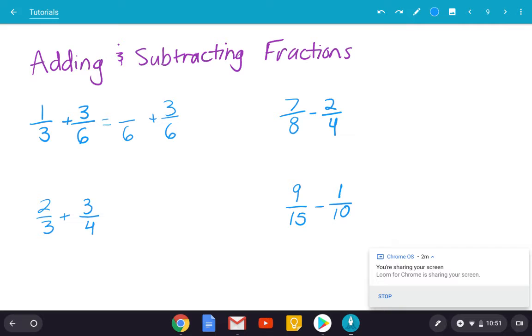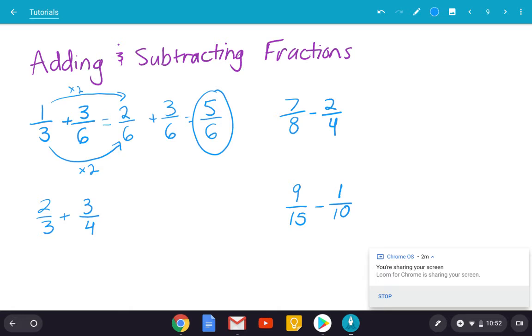For those people that maybe forget, it's also just as easy as multiplying. When we multiply 3 times 2, we get 6, so we have to multiply 1 by 2, and we get 2. So 2/6 is the same fraction as 1/3. Those are equivalent fractions. So I'm now adding 2/6 plus 3/6. That is 5/6. So 1/3 plus 3/6 is 5/6.